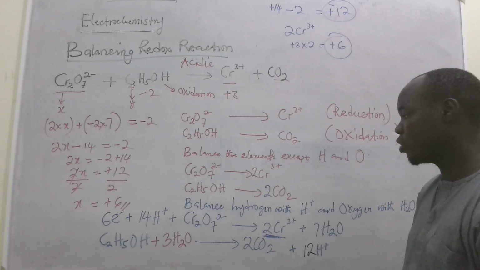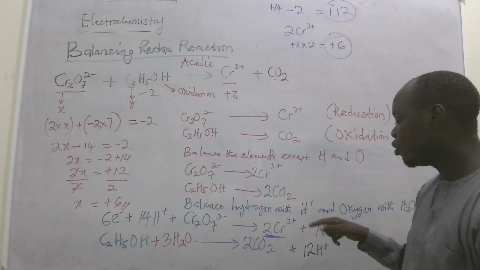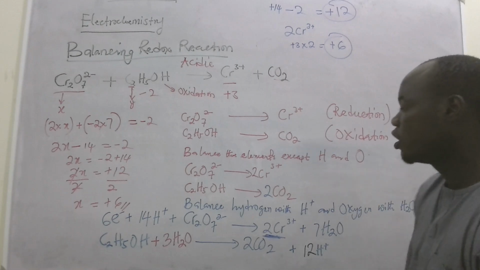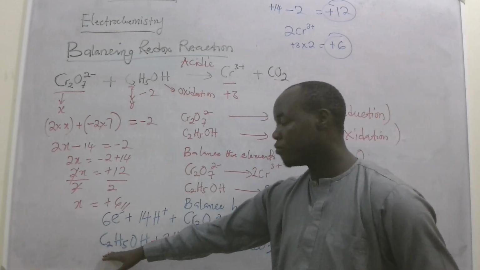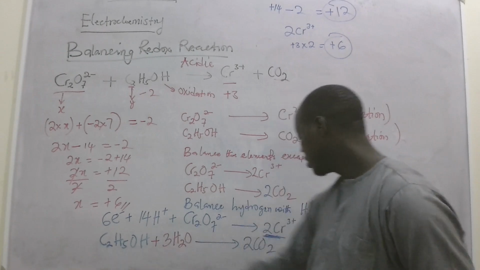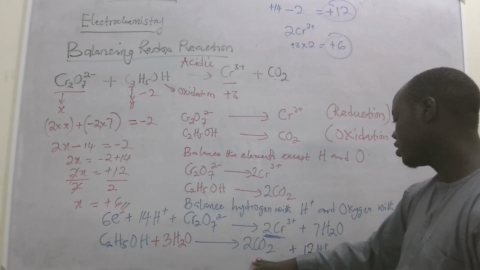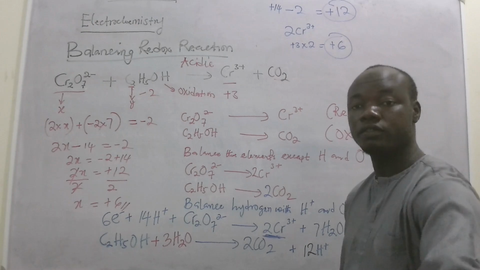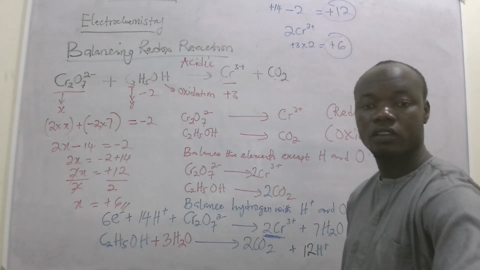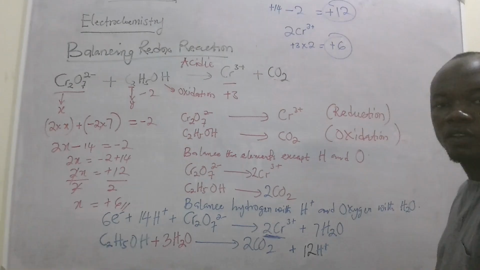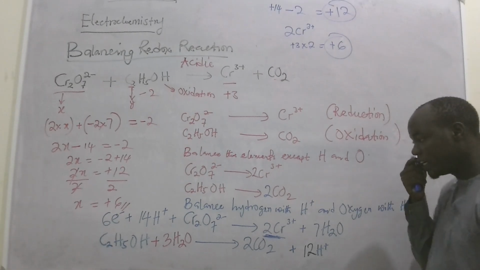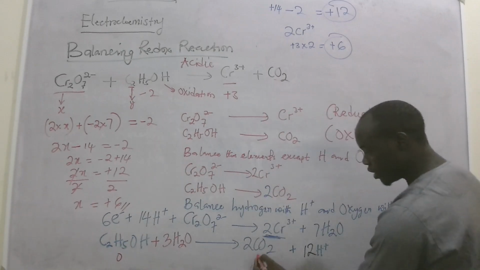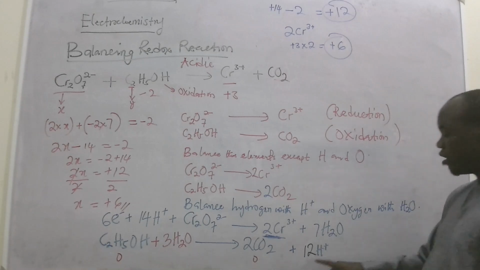The next thing we're going to look at is balancing the number of electrons in the oxidation half reaction. We have to know exactly the number of electrons for carbon here, and the number of electrons here, to balance the oxidation half equation. Based on what we have here, we have 0 electrons here, 0 electrons there, and here we have 4 atoms.